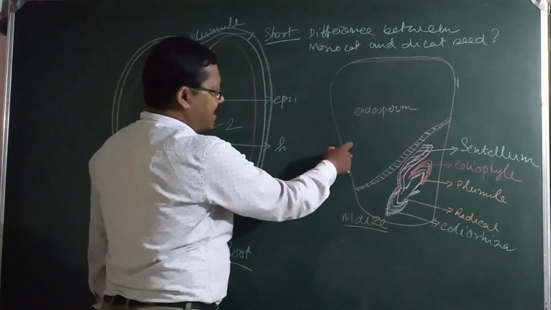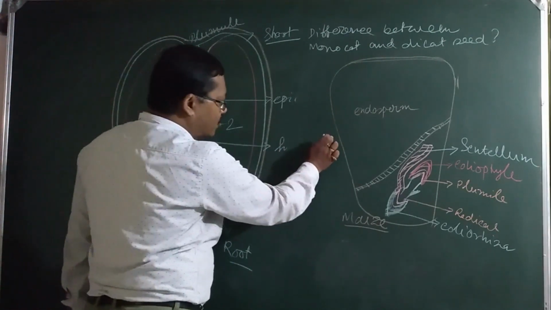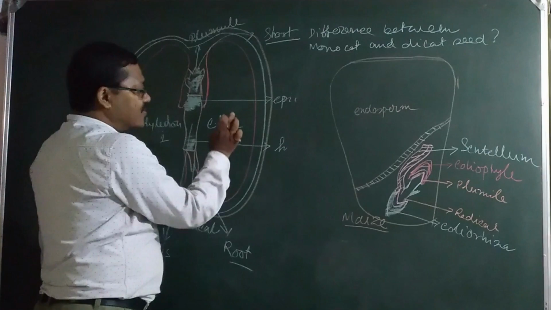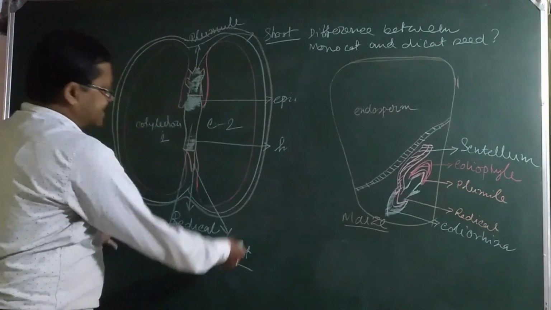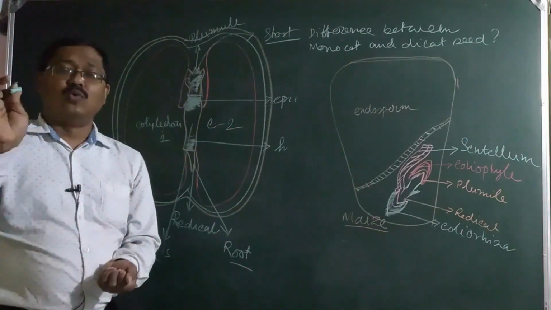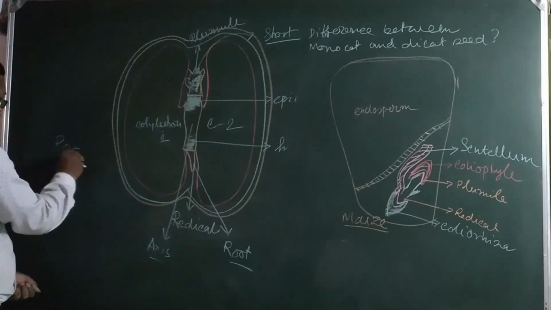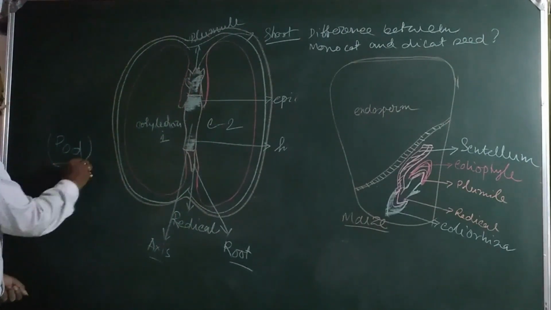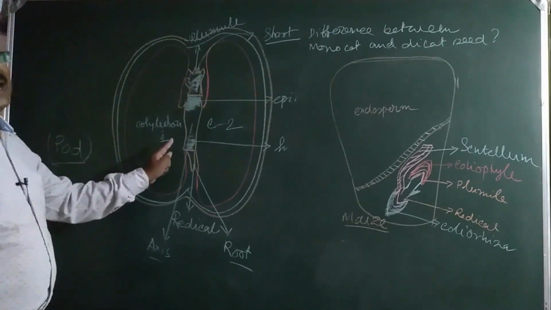Here, sometimes like in the chia seed, the seed coat and the fruit wall are fused. Here the fruit wall is totally different. Several seeds are present within a special fruit called a pod. The pod is the fruit of the bean, and this is the seed of the bean.